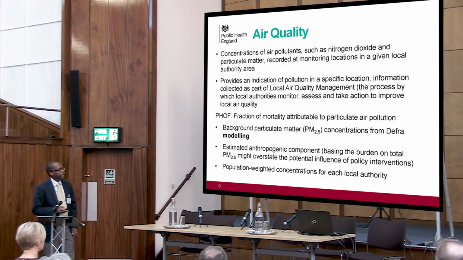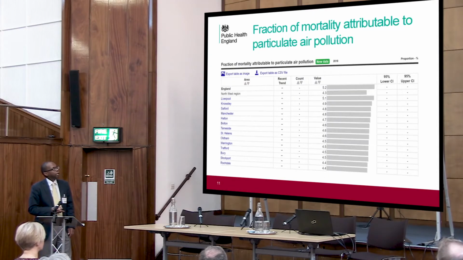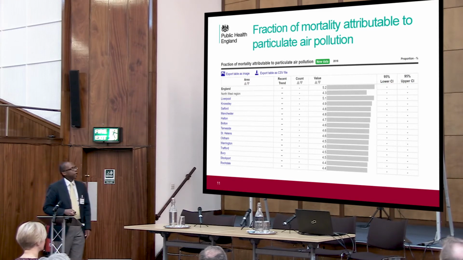This data is then complemented by modelling to enable us to develop public health outcome framework indicators, and principally this one's the indicator of PM2.5, particulate matter 2.5 micrometers and less, which we then use on the anthropogenic component of this to assess the population-weighted concentrations for each local authority. We then plot that so that local authorities are able to use that within their joint strategic needs assessments and to do comparisons with other similar localities to inform policy changes.